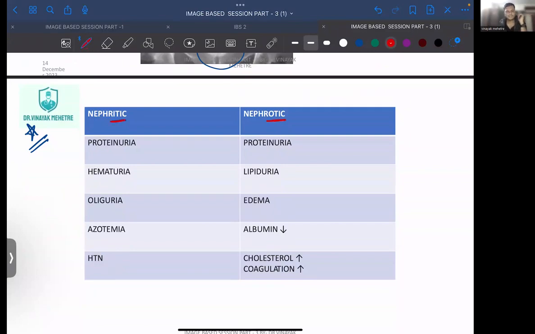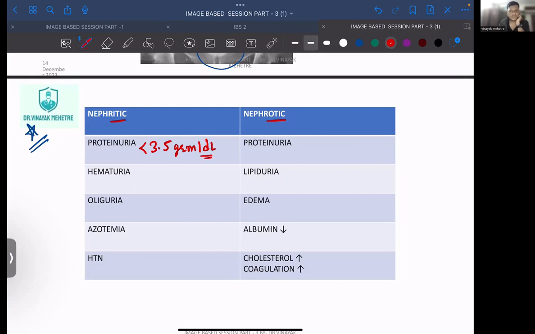In nephritic syndrome, what is going to happen? Proteinuria will be how much? Less than 3.5, yes, gram per deciliter.